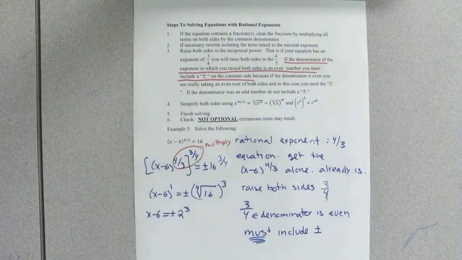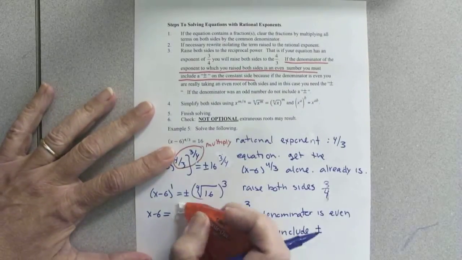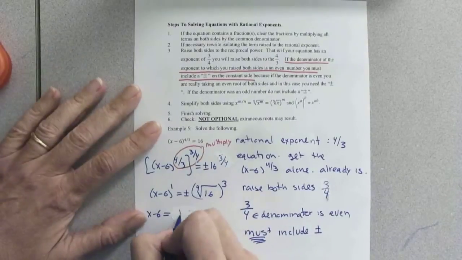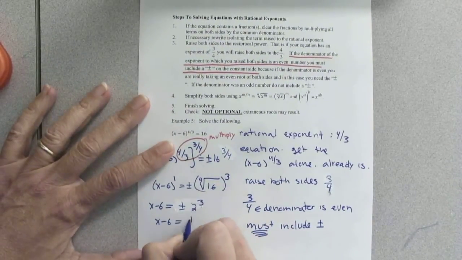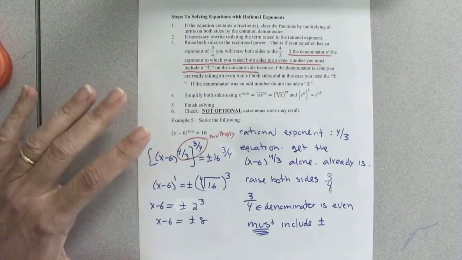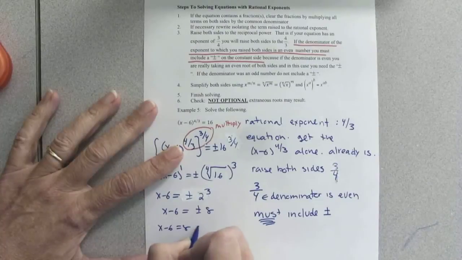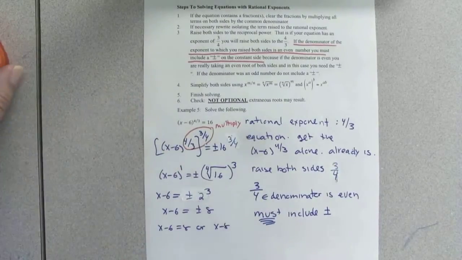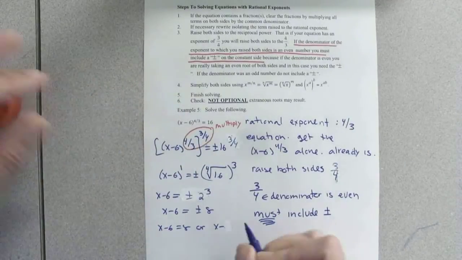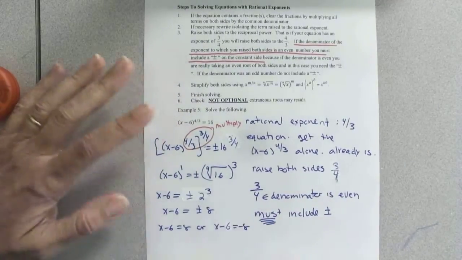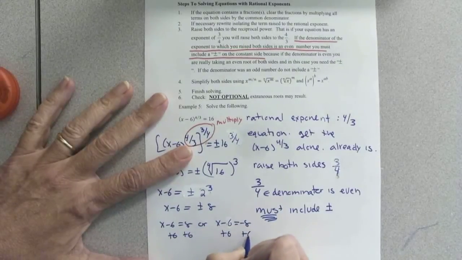So I end up with plus or minus 2 cubed, which gives me x minus 6 equals plus or minus 8, which is x minus 6 equals 8, or x minus 6 equals negative 8. And so add 6.